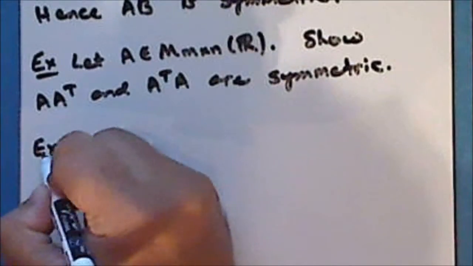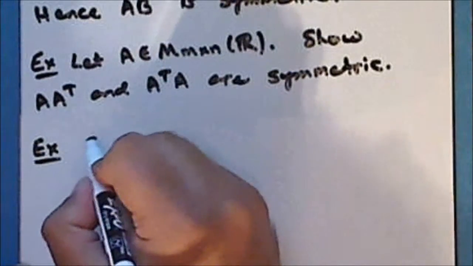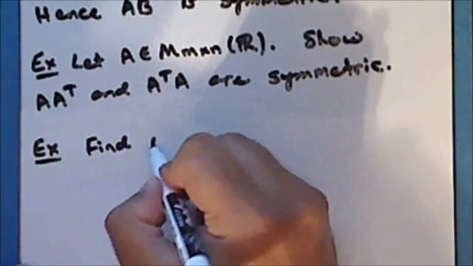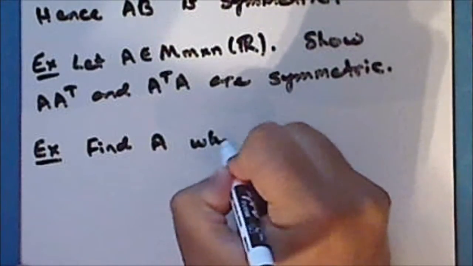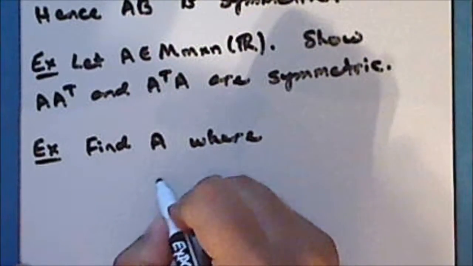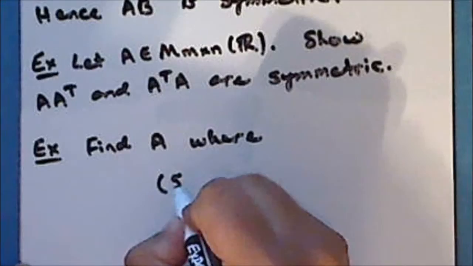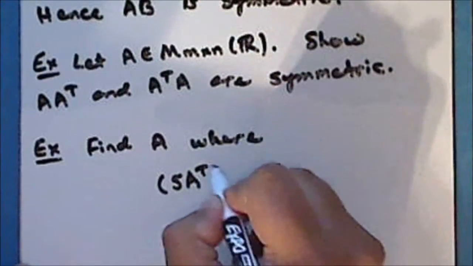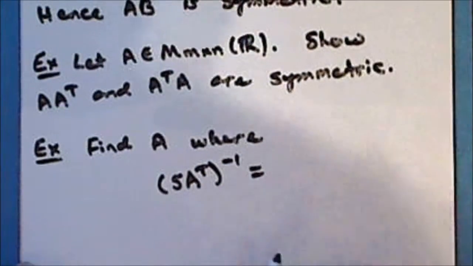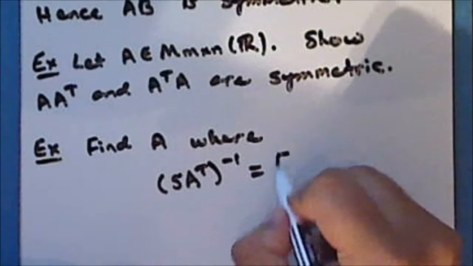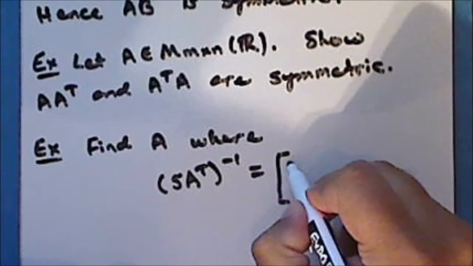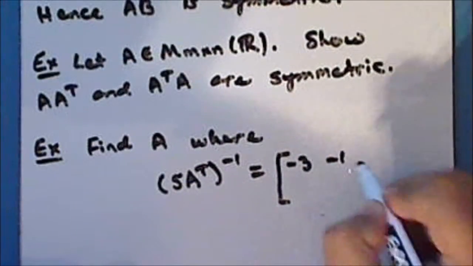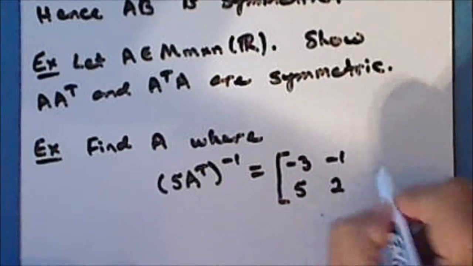As a second exercise, find the matrix A where the inverse of 5 times the transpose of A is the 2 by 2 matrix with rows -3, -1, 5, 2.